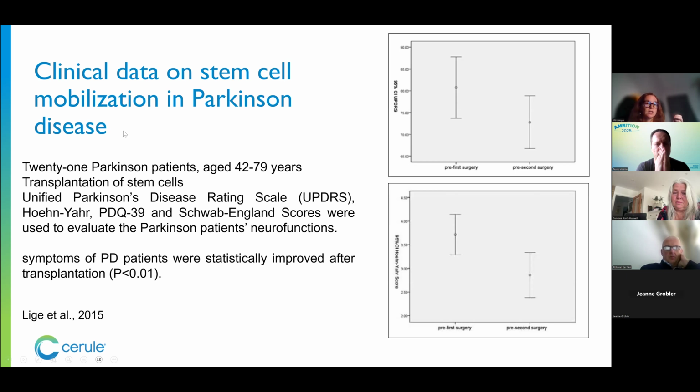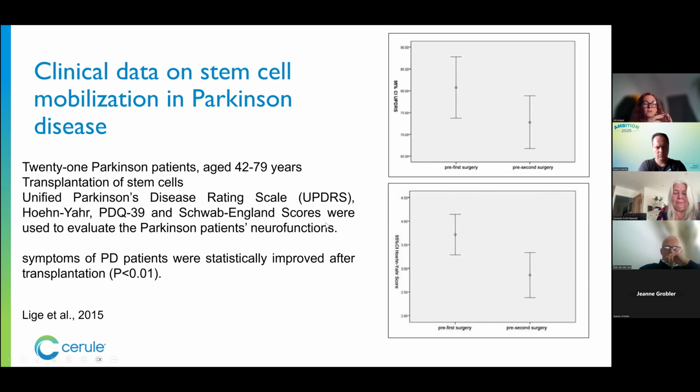In another study on 21 patients with Parkinson's disease, aged from 42 to 75 years old, with a transplantation of stem cells, we have an improvement in the Unified Parkinson Disease Rating Scale, and also a significant improvement of the Hoehn and Yahr score, which assesses the stages of the pathology.